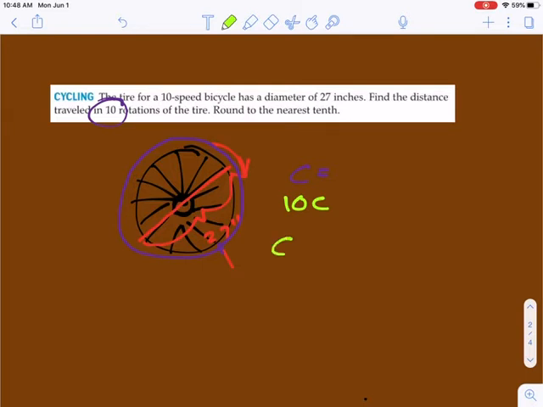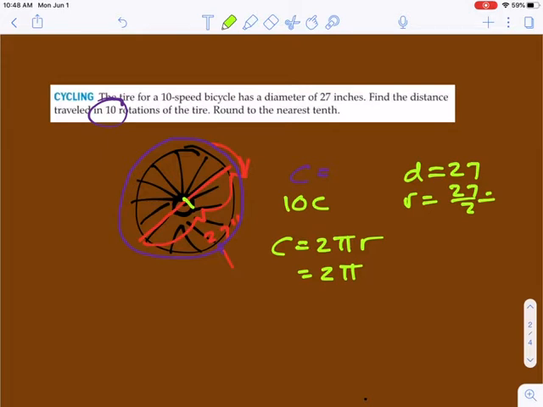So let's find one. The circumference is 2 times pi times r. So it's 2 times pi, and my radius is going to be half of my diameter. If the diameter is equal to 27, the radius is 27 divided by 2, which is 13.5.